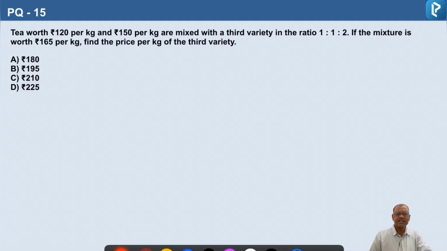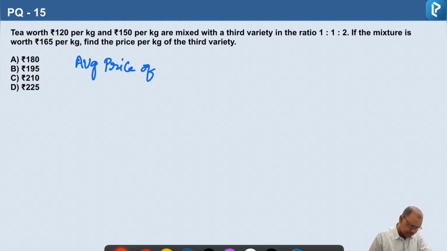Here three varieties are there. Since there are three varieties, let us combine the first two varieties and find their average.